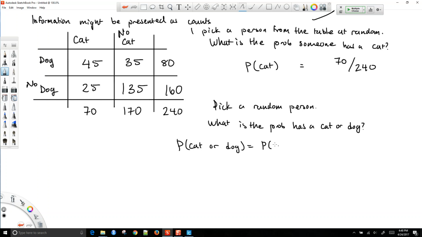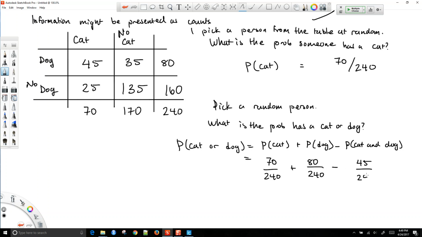This would be probability of cat plus probability of dog minus probability of cat and dog. Cats, 70 over 240. Dog, 80 divided by 240. I'm not doing this too quickly, am I? And then cat and dog, the overlap, 45 divided by 240. These all have a common denominator, so we just add these up, and we get 105 divided by 240.